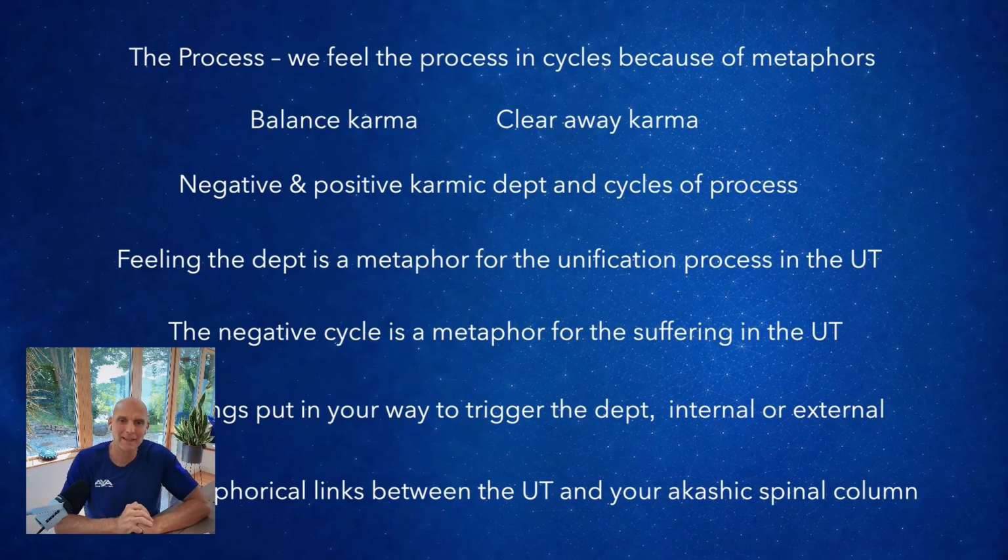And that karmic debt is what produces the cycles of the process. So the 7-year negative cycle is produced by the karmic debt of the negative karma that you wiped away. And then the positive one is produced by the positive karma, or positive karmic debt, basically.